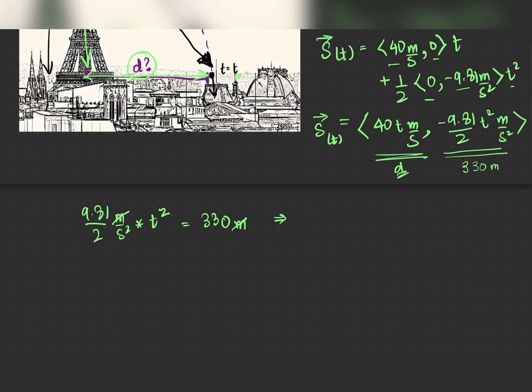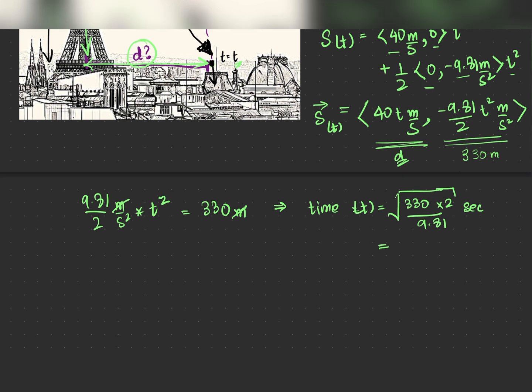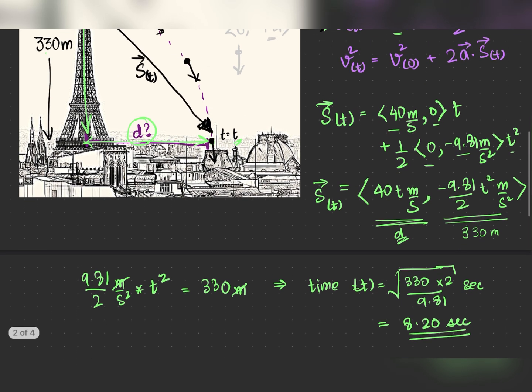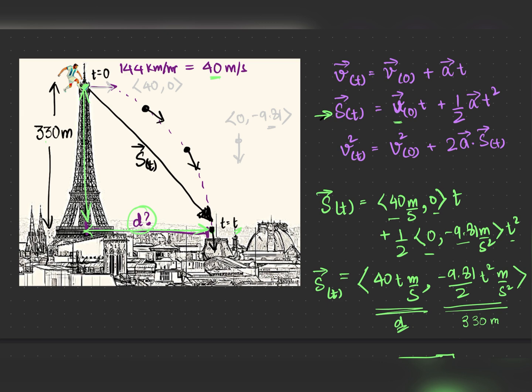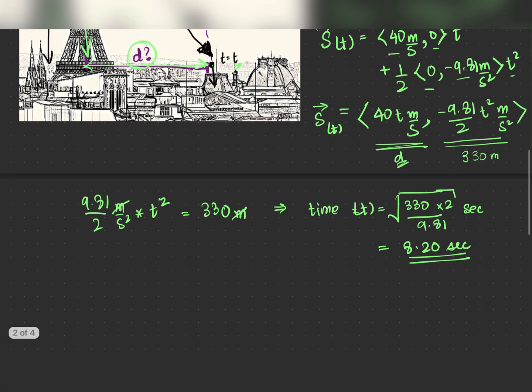We get the time t as the square root of 330 times 2 divided by 9.81 seconds. And we can solve this to be approximately 8.20 seconds. So this is the time for which the ball that Messi hits from here is going to be in the air until it hits the ground.